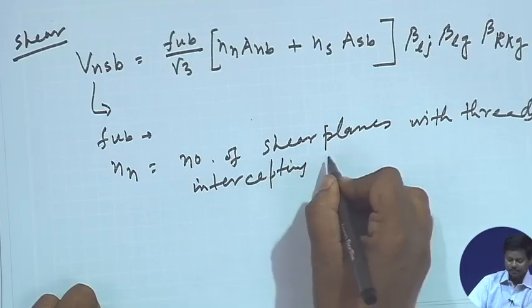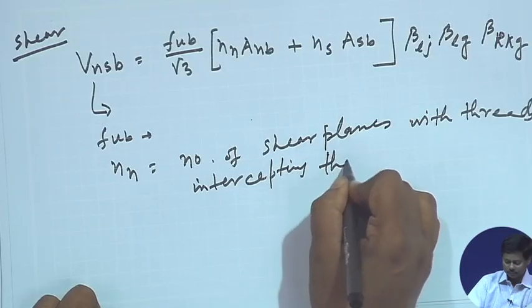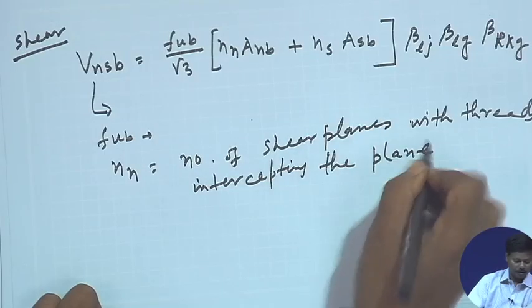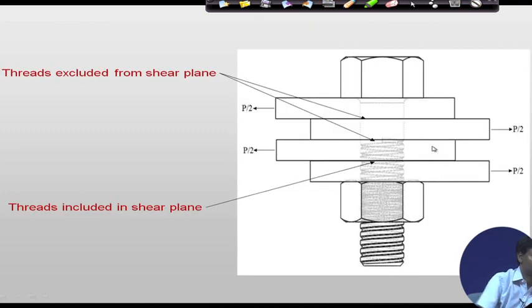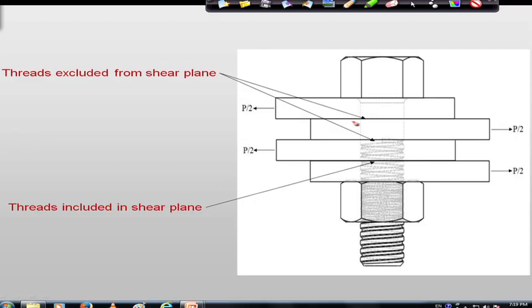What is that? Intercepting the plane. We can find this out from this figure. This is the figure where you see we have one type of plane, that is thread excluded from shear plane, that means thread is not there in these two, and another is thread included in shear plane, that means this threaded portion is included in shear plane.